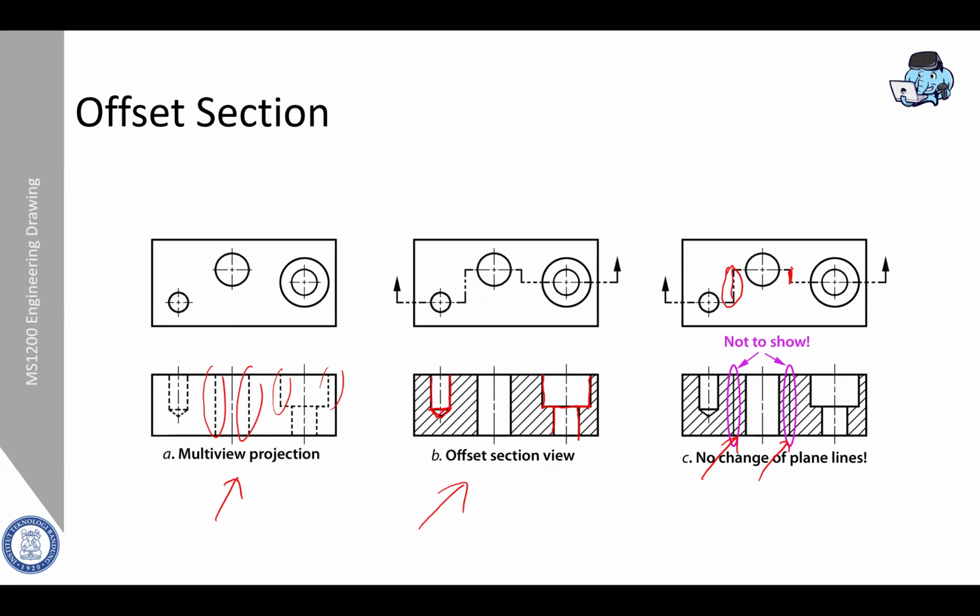We call it bending line. Yeah, the transition or the shifting between the section plane. This is the first section plane, this is the second one, this is the third section plane. Okay, the shifting between section planes. We don't need to draw the transition between section planes in the offset section. Okay.